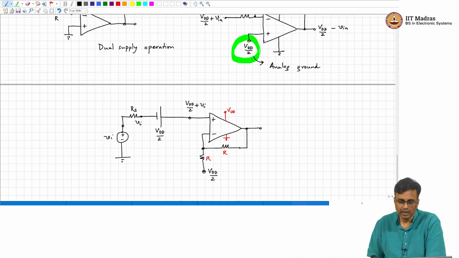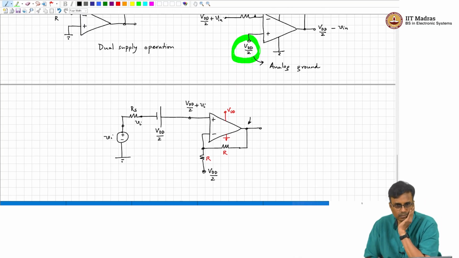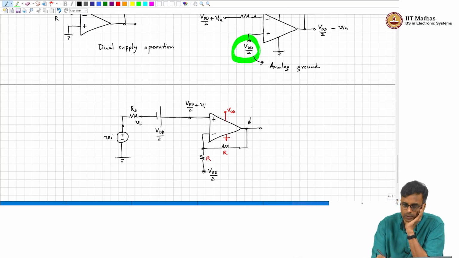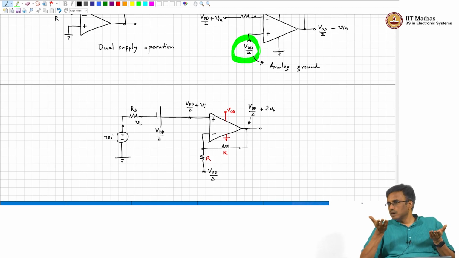But if that is the case, this is VDD by 2 plus Vi, and the output voltage is VDD by 2 plus 2 times Vi. So, basically it is exactly like the ideal circuits that we saw, except that whatever was ground is now VDD by 2, because we are working with a single supply. Does it make sense?